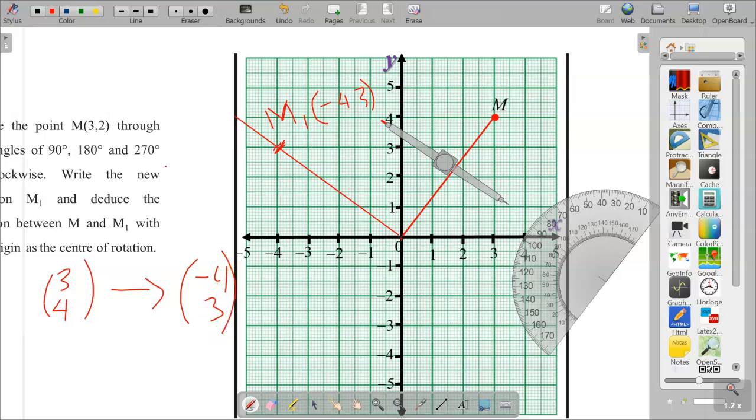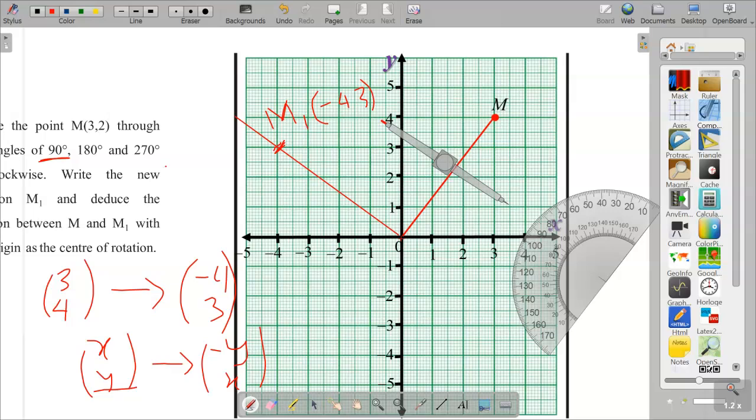So like we did in our previous lesson, you see the relationship. If the original is x, y, the image becomes -y, x. So when you rotate a point anticlockwise 90 degrees, if the original is (x, y), the image becomes (-y, x), right?